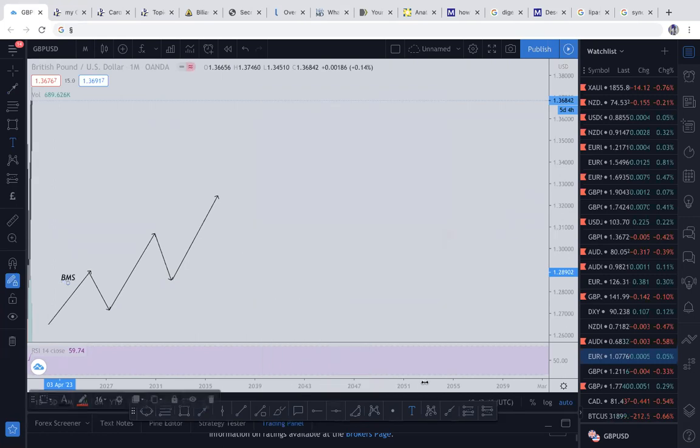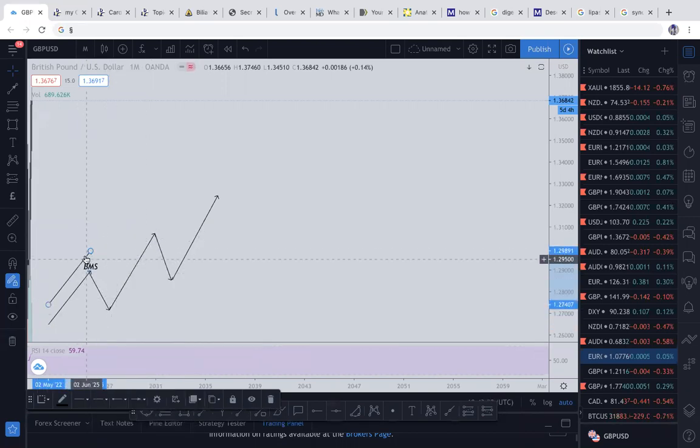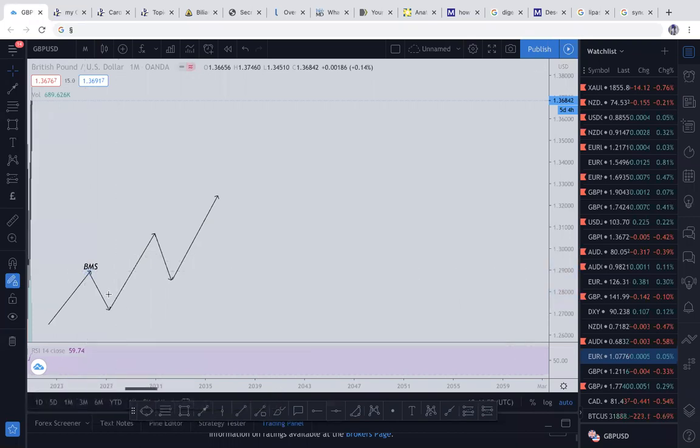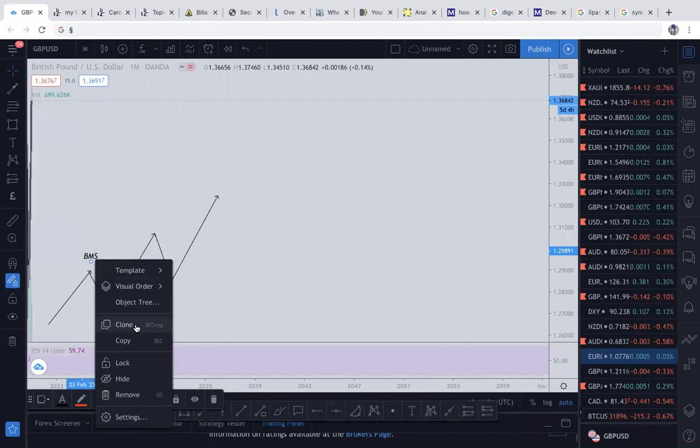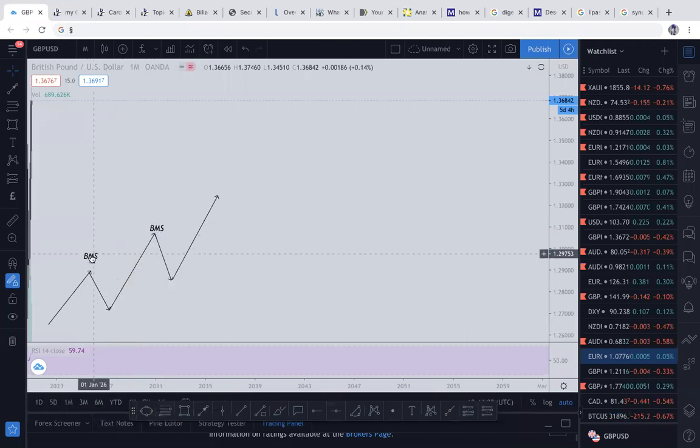I did say that whenever price goes above here, it means that we had a break of market structure. Once again, if price goes above this area, there is another form of break of market structure.